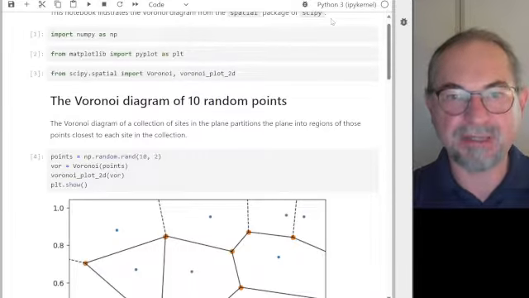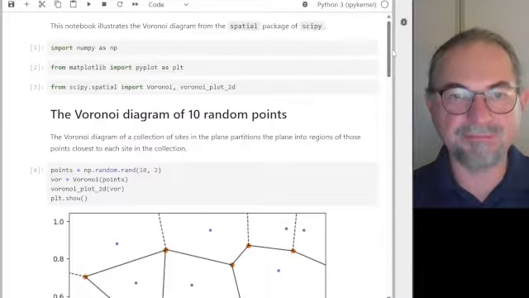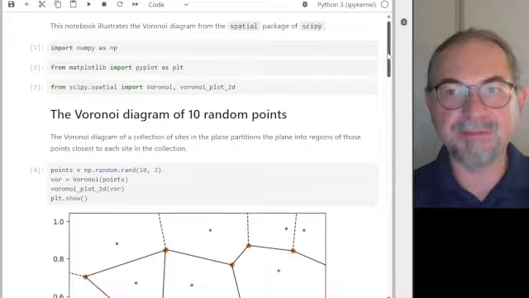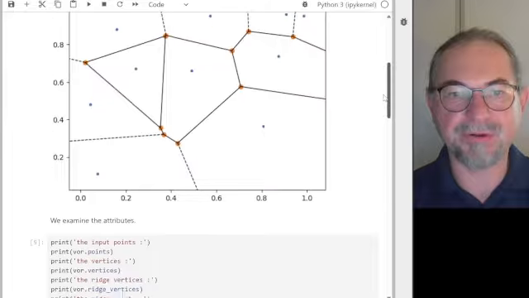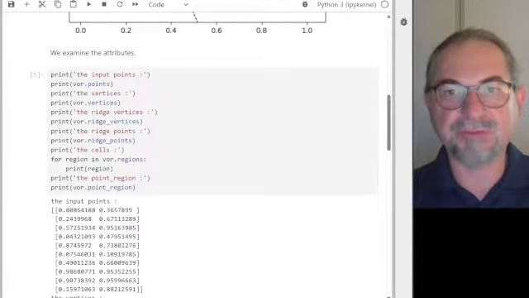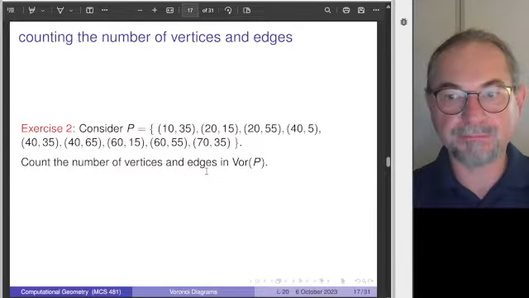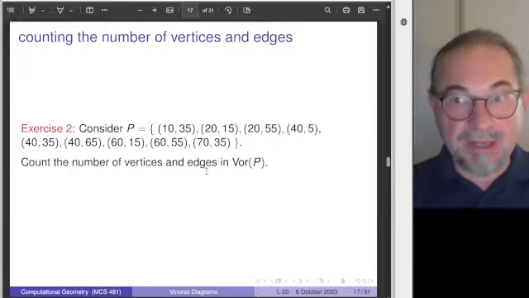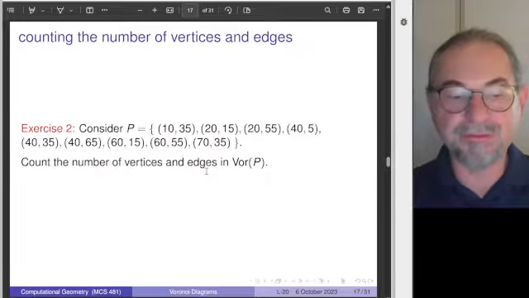I was using Tixi, but the exercise here asks you to use preferably the scipy package, the wrapping of QHull. What you would need to do is arrange for the count: count the number of vertices, count the number of edges. Again, slow down, see for yourself or compute for yourself.